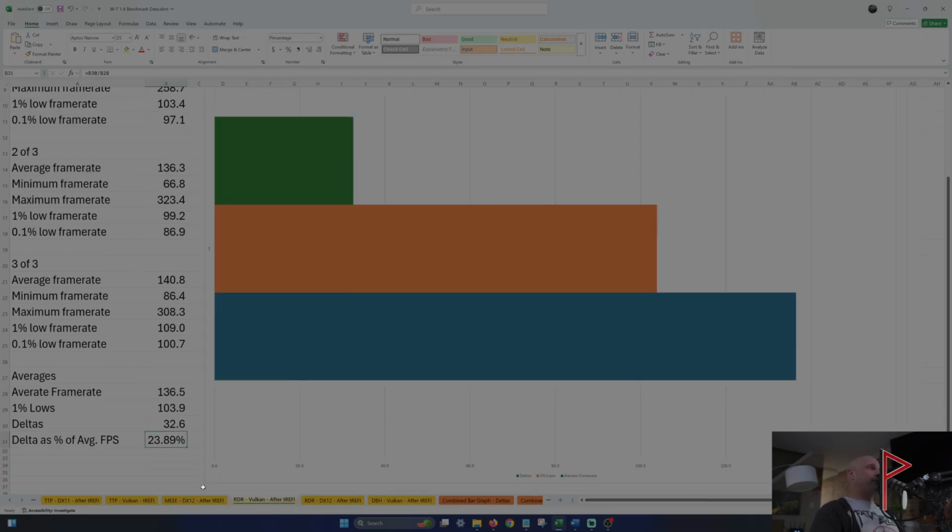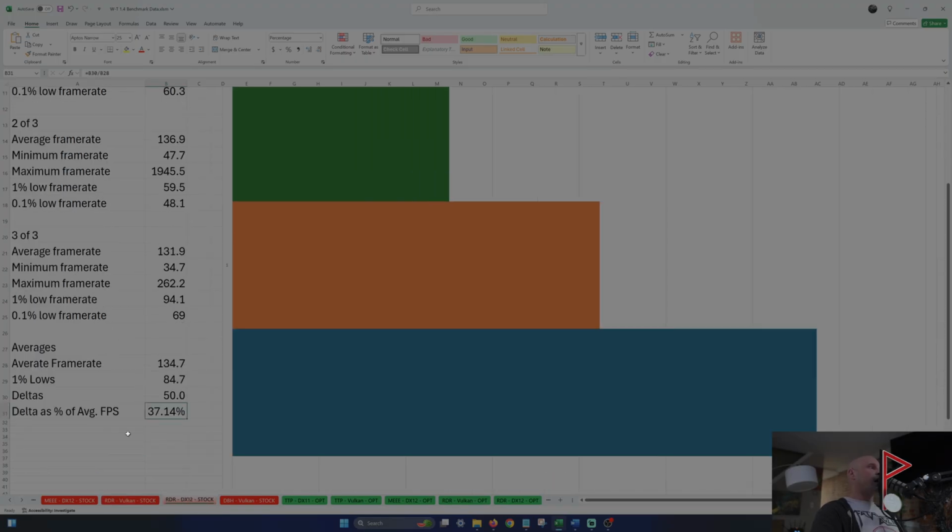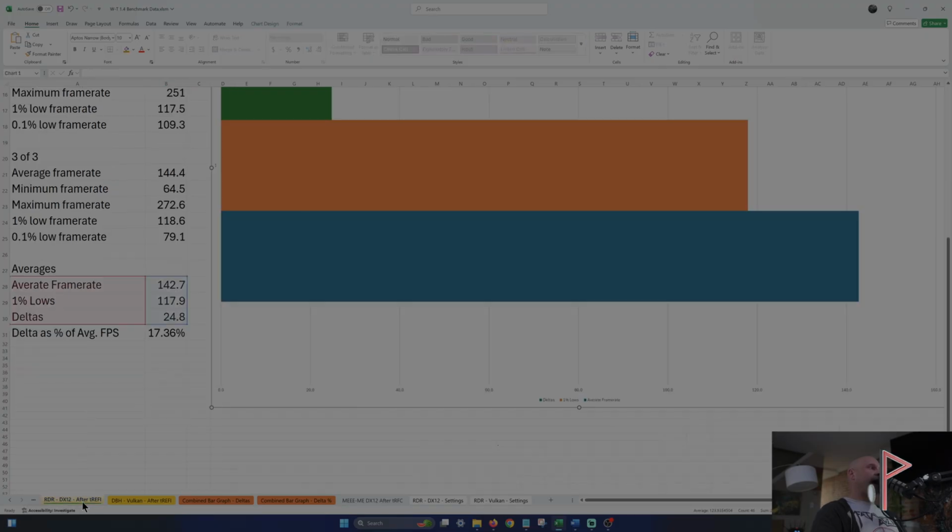Vulkan after the tREFI adjustment, 24%. From stock at 28, stock 40, right around 40, stock in DX12, Red Dead Redemption, DX12 after the tREFI adjustment, 17%. 17% from 40.